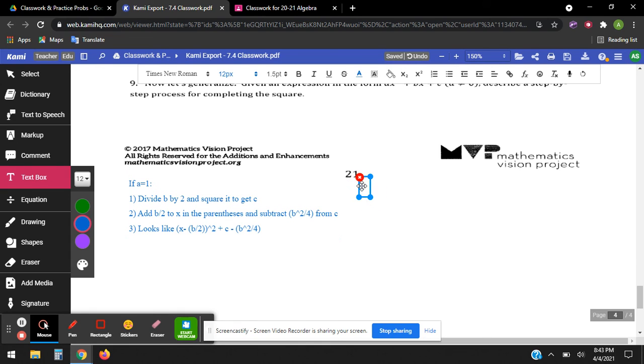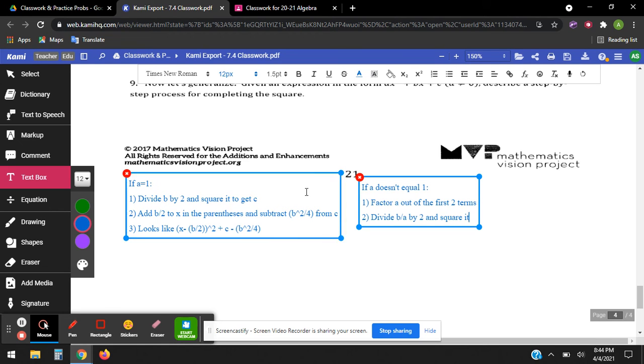Okay, but if a is not equal to 1, it's a little more complicated. We factor a out of the first two terms, right? We didn't even look at the third term when we were factoring out. Then we divide b over a by 2 and square it.